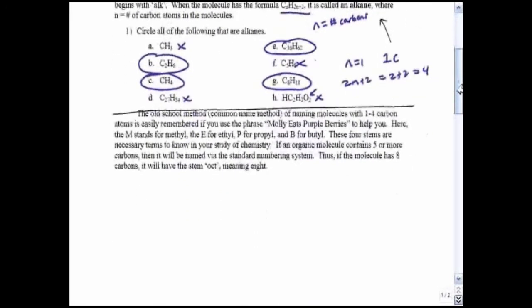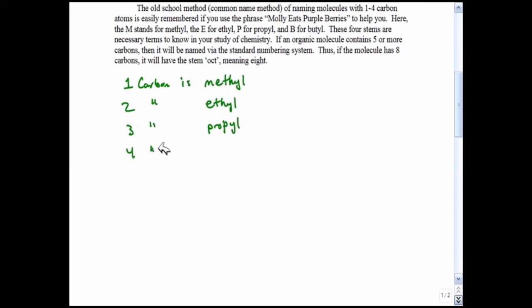All right, so one thing to keep in the back of your mind when we try to name these is that there's an old school traditional method for naming the first 4 organic compounds. If we have 1 carbon, it's called methyl. 2 carbons is called ethyl. 3 carbons is called propyl, and 4 carbons is called butyl.